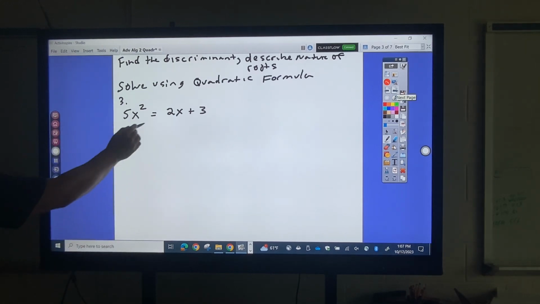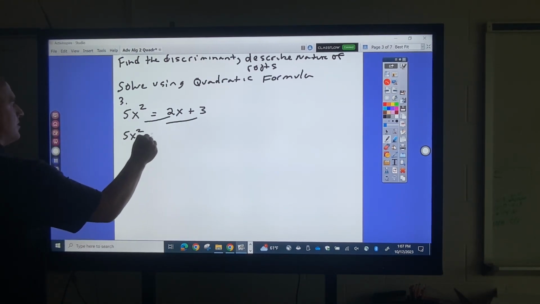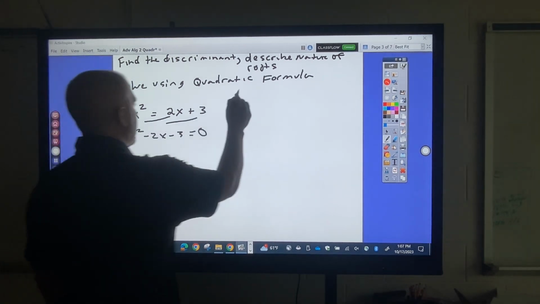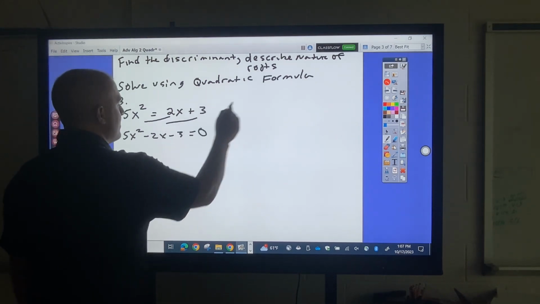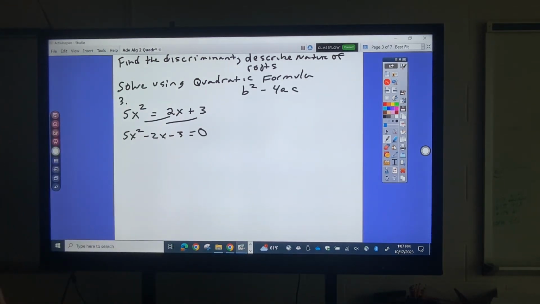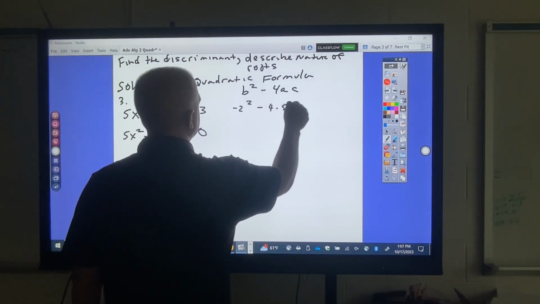All right, so this one, I got to move this back. That's 5x squared minus 2x minus 3 equals 0. Let's go ahead and find the discriminant, b squared minus 4ac. You really don't have to do this in any particular order. I got -2 squared minus 4 times 5 times -3.